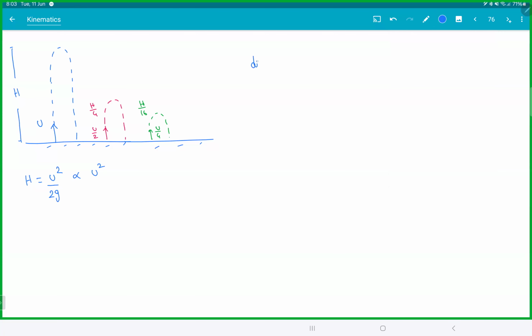So the total distance will be, now this is a mistake one of you did. It is a distance, so you're going up and coming down. So 2h, you have to count while going up and while coming down. So distance is 2h plus 2 times h by 4 plus 2 times h by 16 and so on till infinity.